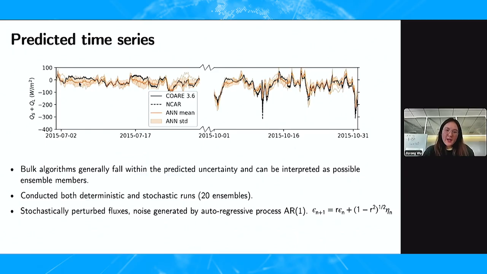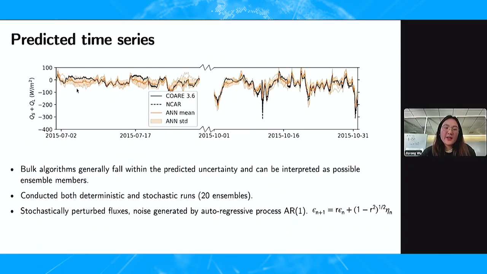And here the envelope shows the standard deviation predicted by the neural net. And the thin orange line shows two samples of the stochastically perturbed flux, where the noise is added by an autoregressive process.